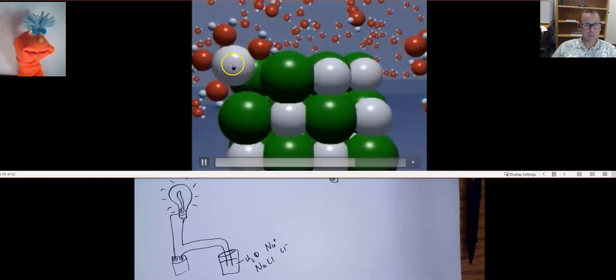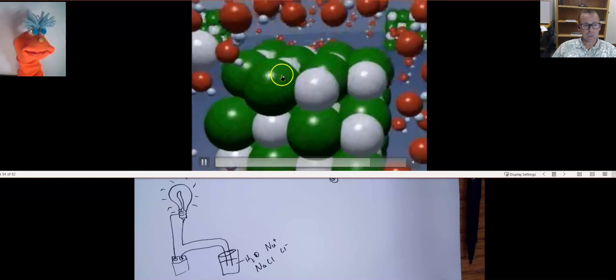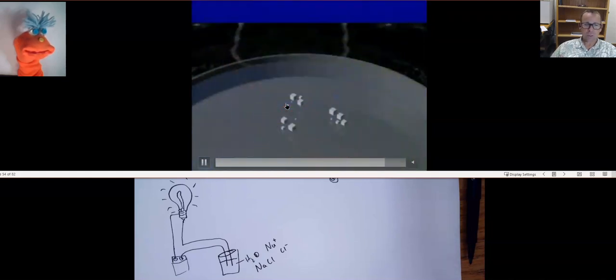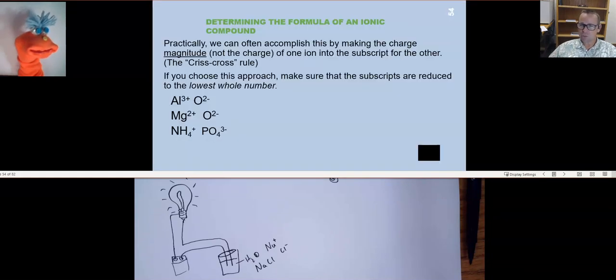And so it allows those ions to separate from each other, and the whole 3-dimensional structure dissolves, but we also call it dissociates. That's a special word to say that it's not just dissolving in water, but that the ions are actually separating and being surrounded by water molecules. Okay? So that's what ions do. Ionic compounds that dissolve in water, that's how they dissolve in water.